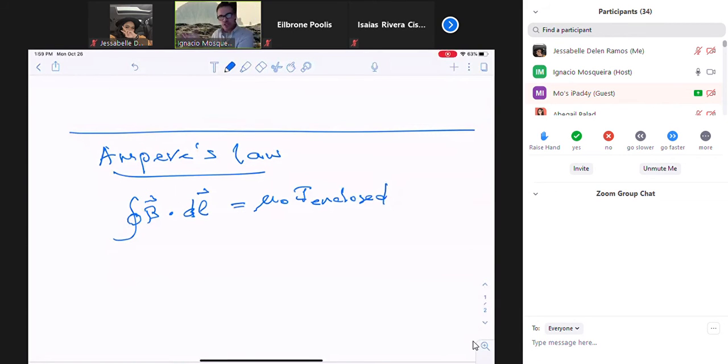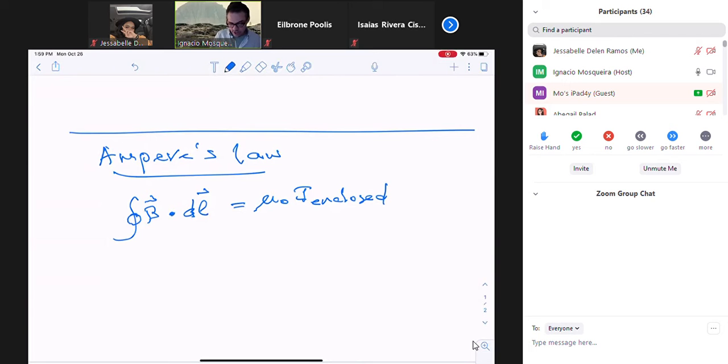Instead of charge enclosed, here we have I enclosed, and instead of a surface, here we have a loop. So this is a one-dimensional thing: surfaces are two dimensions, loops are one dimension.